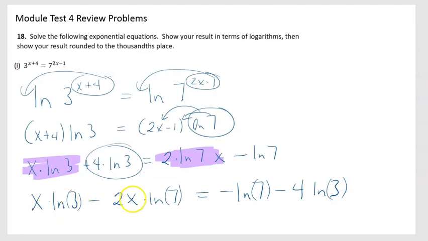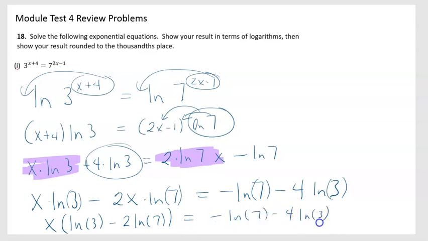Now here's what you have to do, because you have an x in both of these terms, you must factor that out. So that gives me natural log of 3 minus 2 natural log of 7. On the other side I have negative natural log of 7 minus 4 natural log of 3. The last step, y'all, is to divide by this big term in parentheses here.